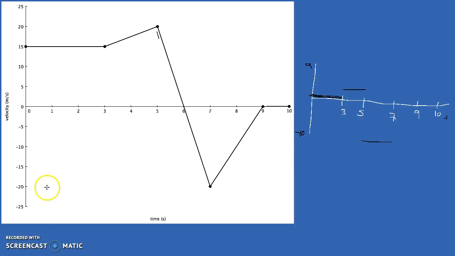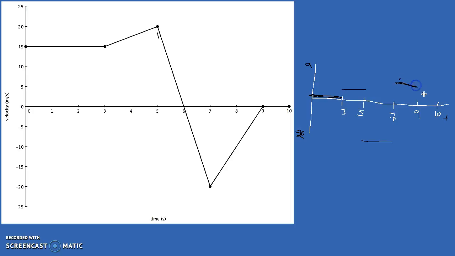Then finally, when we go from 7 to 9, that's an increase of 20 meters per second in 2 seconds, so we have a slope here of positive 10. I think I did this one wrong. I said 20 to negative 20 in 2 seconds, so that should actually be negative 20 here, and then this one would be positive 10.